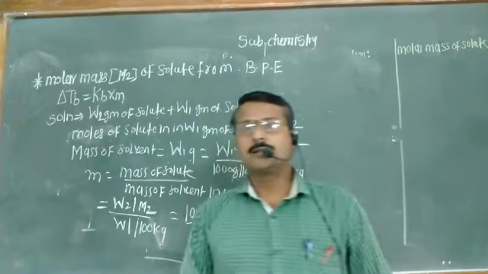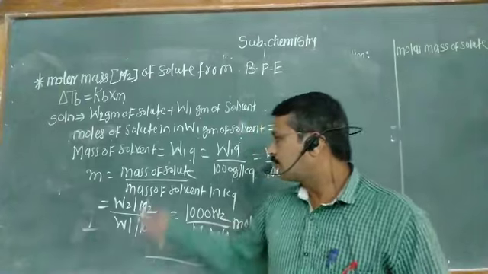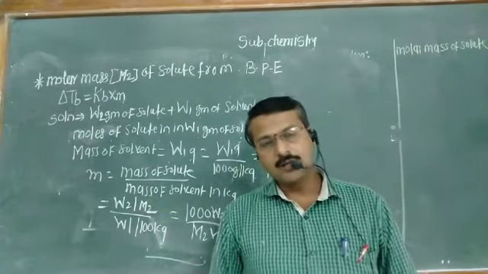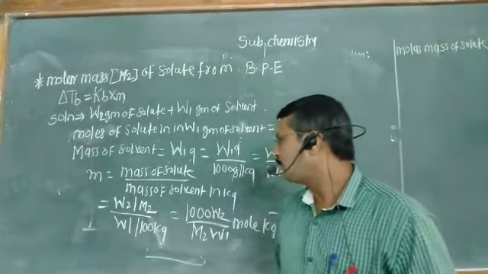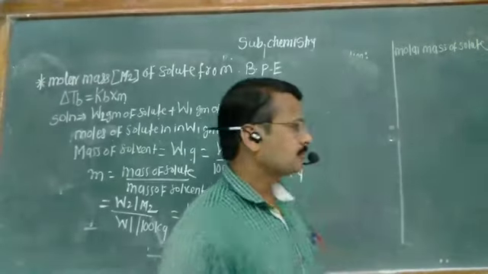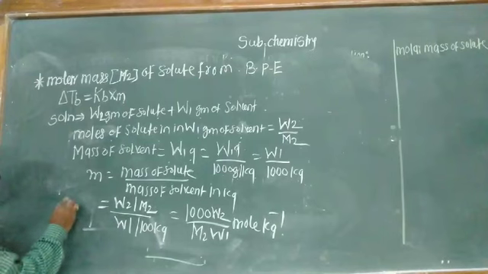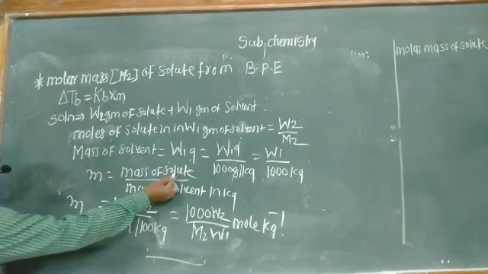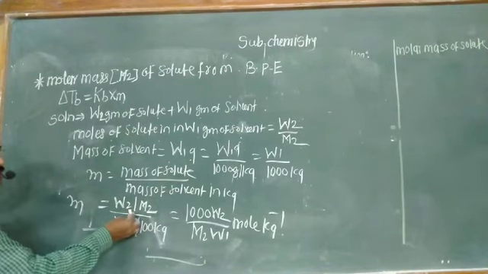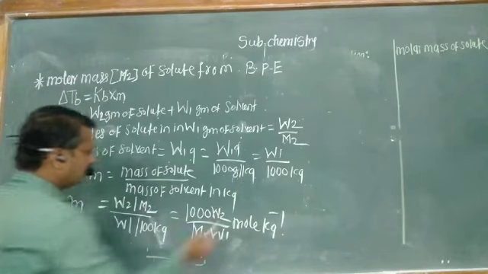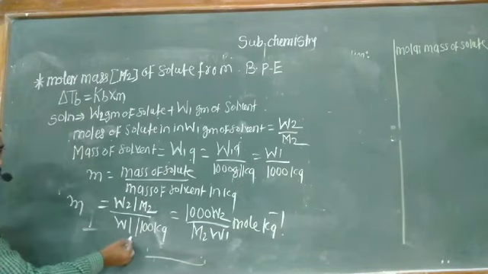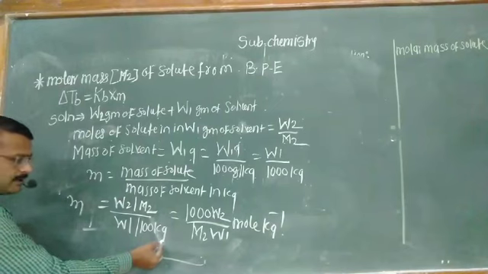It is well known that the molality is equal to moles of solute divided by mass of solvent in kilogram. Putting these values, small m is equal to W2 divided by M2, whole divided by W1 divided by 1000 kg.